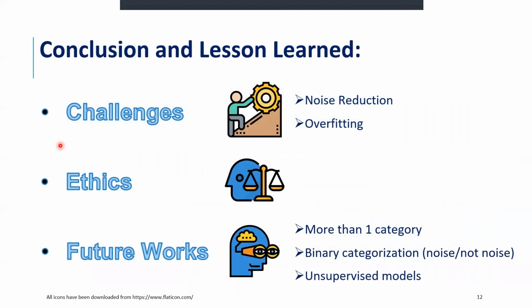So for the conclusion and lessons learned on this project, we encountered some challenges: the noise reduction problem and overfitting. For the noise reduction problem, at the beginning of our project, we were thinking of applying some filters and noise reduction methods on audio files before using them as input, to make sure the processed input data is good enough for our model to reach a better accuracy.